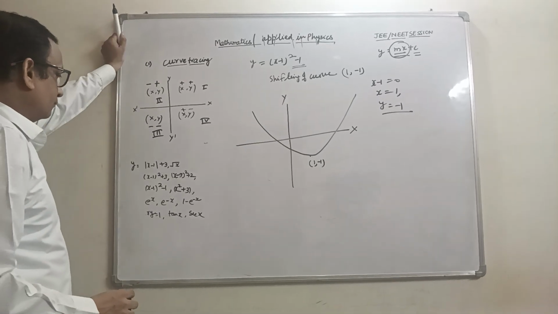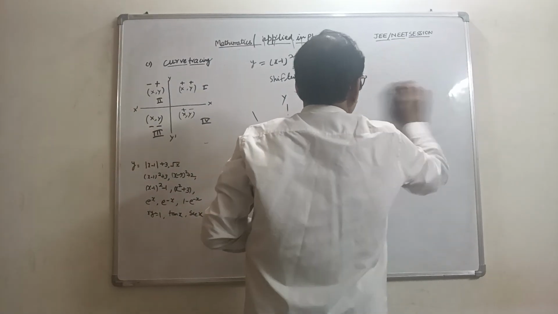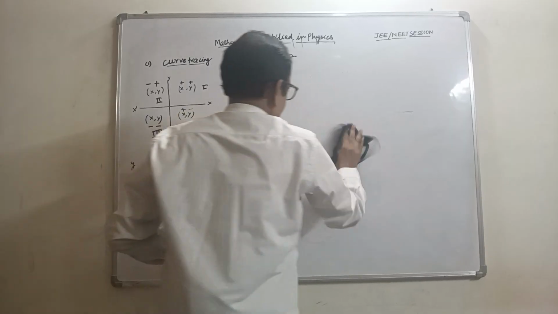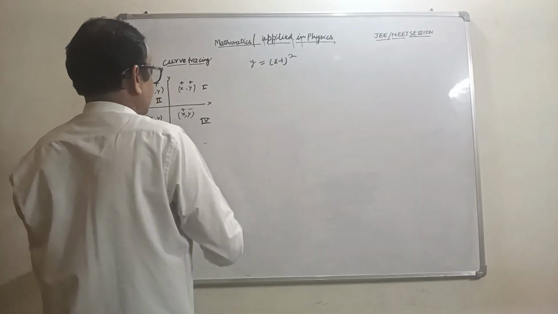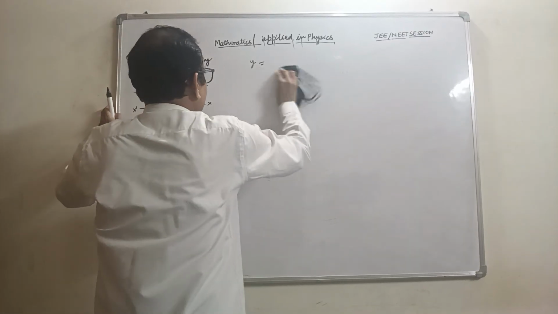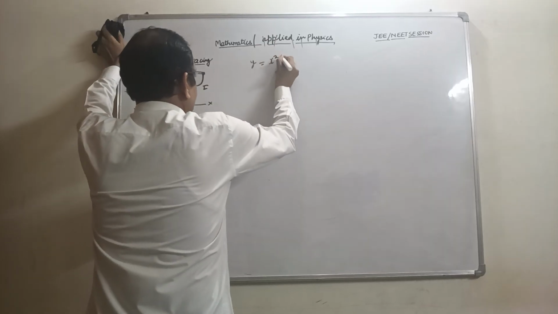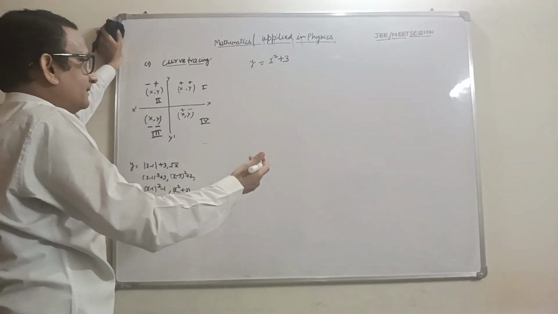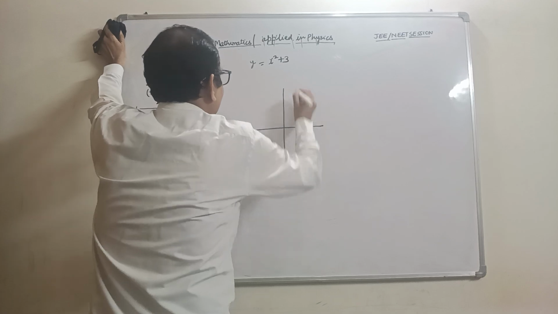Another graph, y is equal to x square plus 3. This is also a parabola, symmetrical about the y-axis, but the intercept is 3.